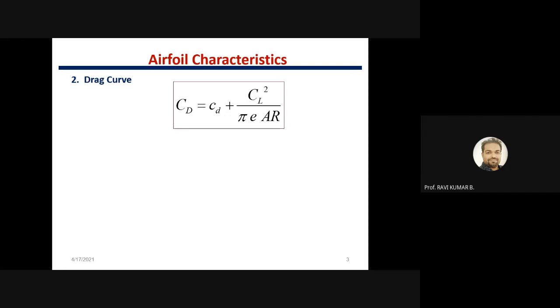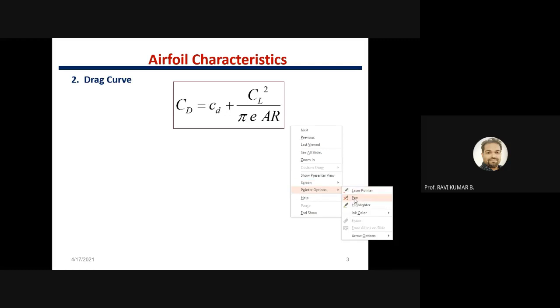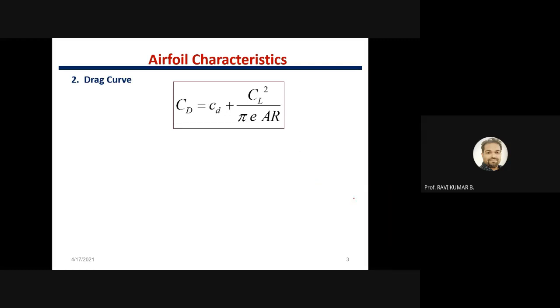Usually we write D as the total drag. Total drag we can say D naught plus Di. So the equation that you are seeing here is basically derived from this.